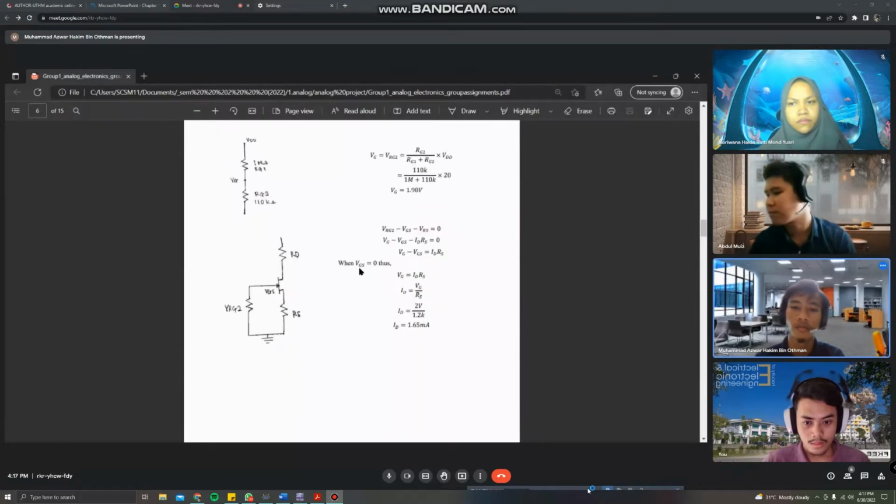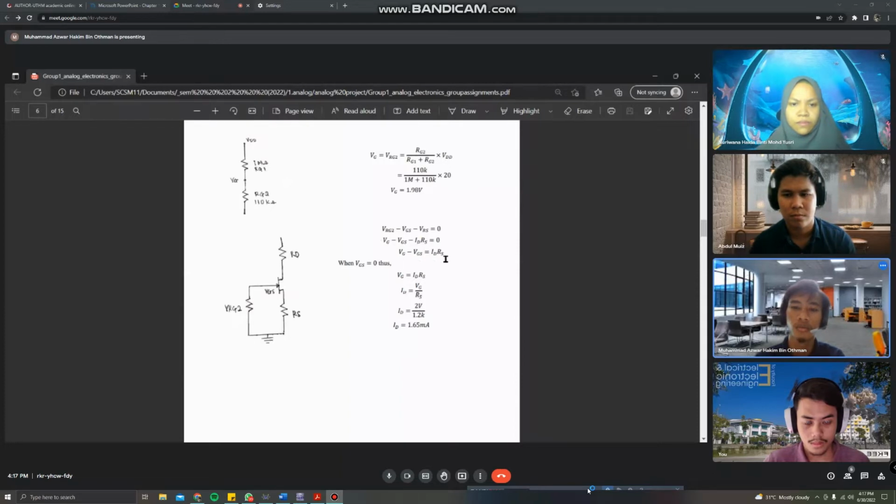After that, in the loop, counterclockwise, we find VGS and VRS. VRS equals ID times RS. Since IS equals ID, VS is IS times RS, which equals ID times RS.